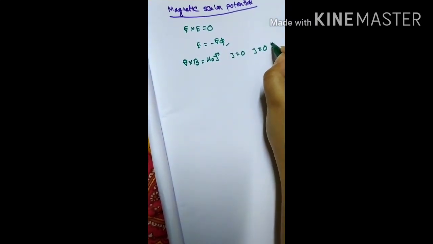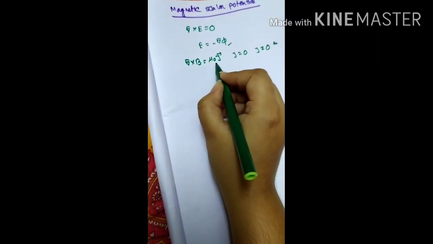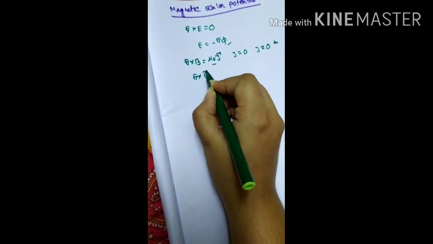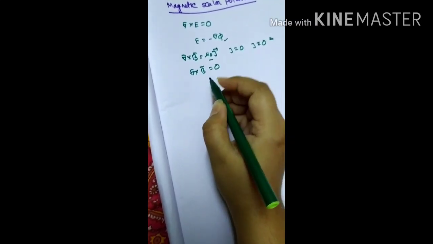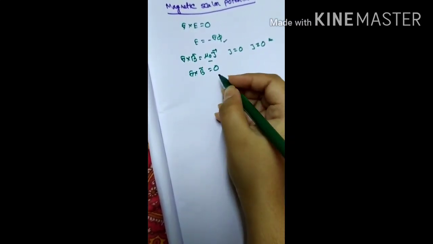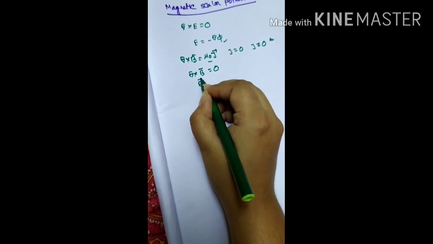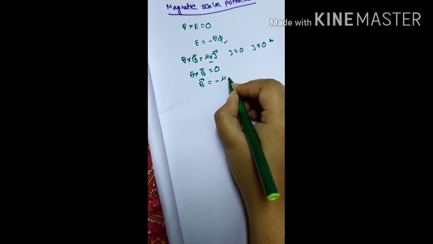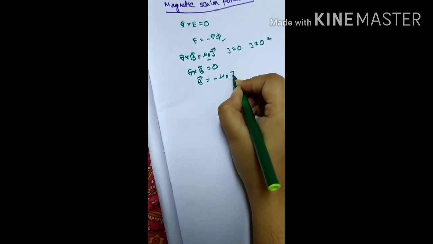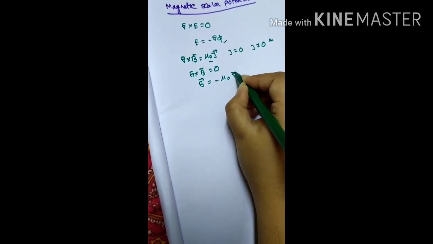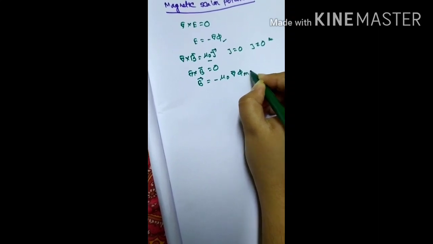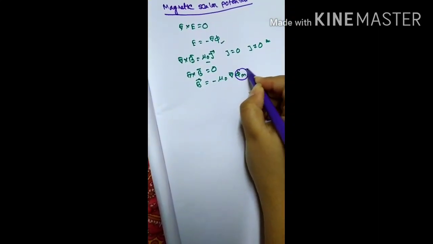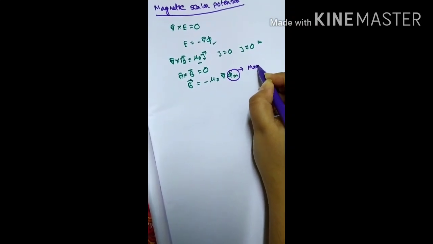But where J equals 0, curl of B equals 0, so we can write B as a gradient of a scalar potential. So B equals minus mu 0 gradient of phi m, where phi m is known as the magnetic scalar potential.